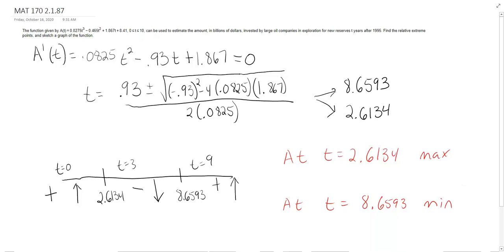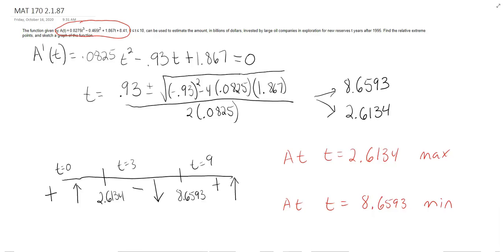The last thing we need to do for this part is get the A values, or the Y values, that go with these t's by taking 2.6134, plugging it back into the original A equation, and taking 8.6593, putting it into the original A equation.